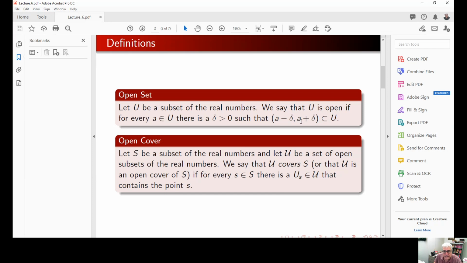An open set is, in some sense, a set where every point in that set has a little elbow room around it.